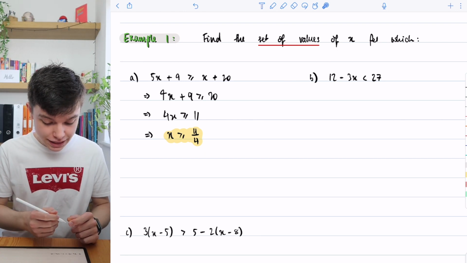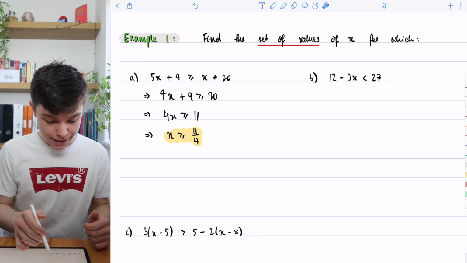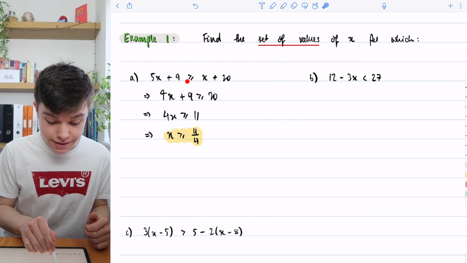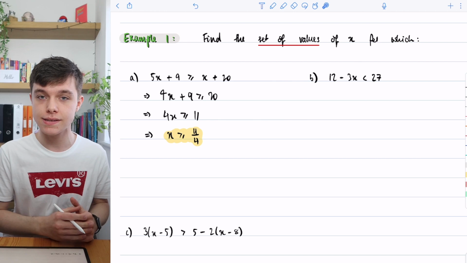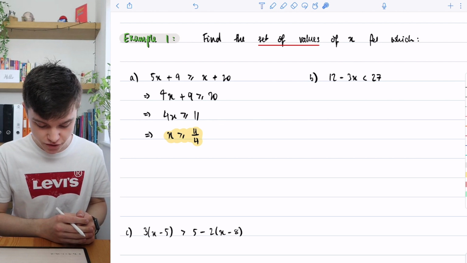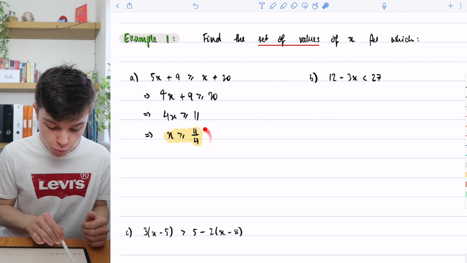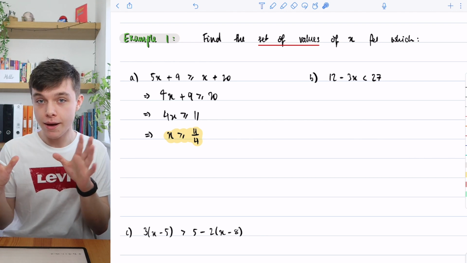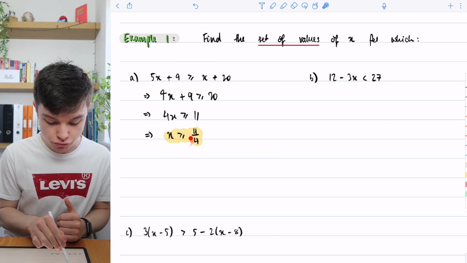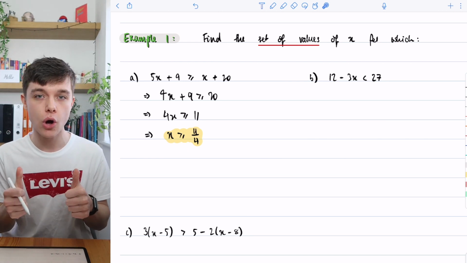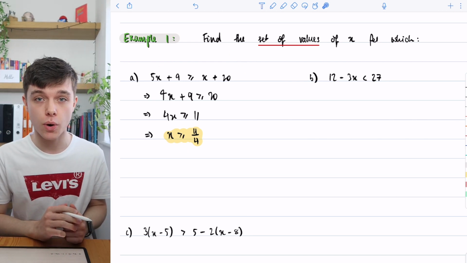So anything greater than 11 over 4 means that both the left and the right-hand side work for this inequality. Okay, so we've got a set of values here. Not just one value, we've got infinitely many x's we can substitute in here. Anything greater than or equal to 11 over 4 will satisfy our inequality.